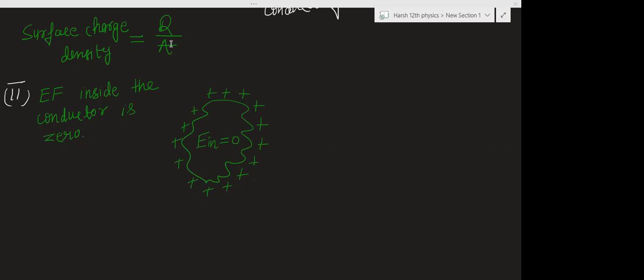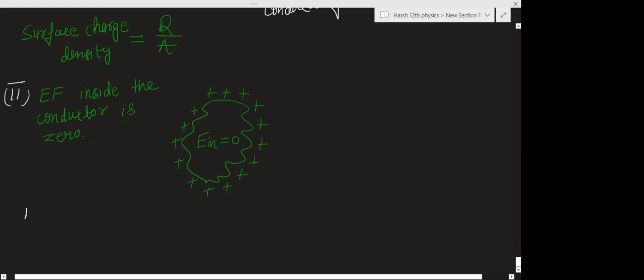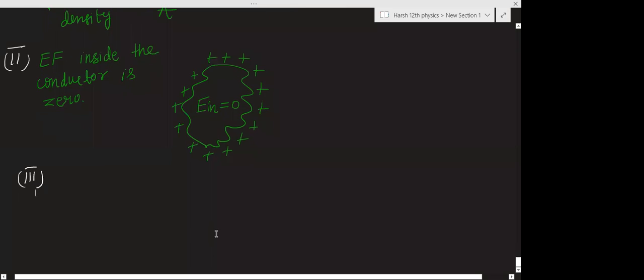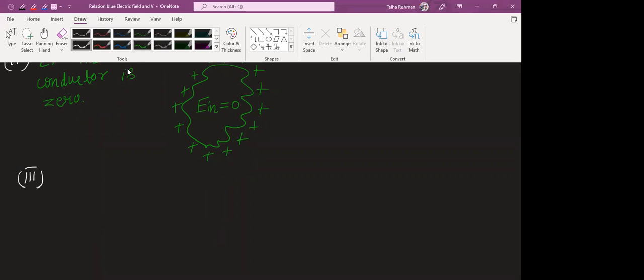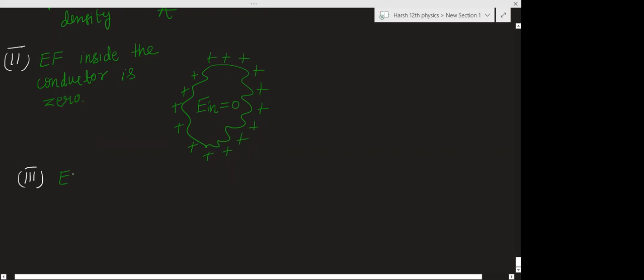So Harsh, now your point that you were saying. Third point: electric field is always perpendicular to the surface of the conductor. Always perpendicular.